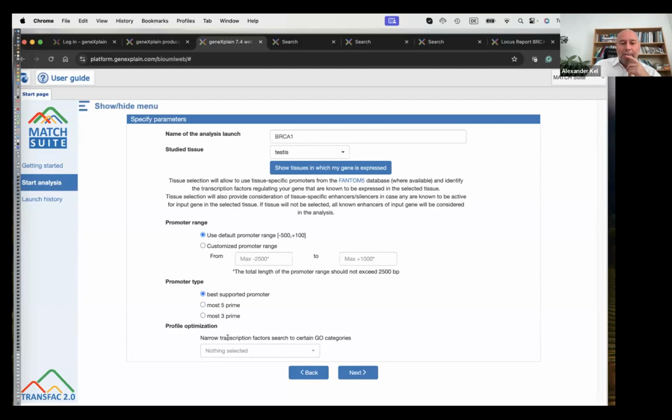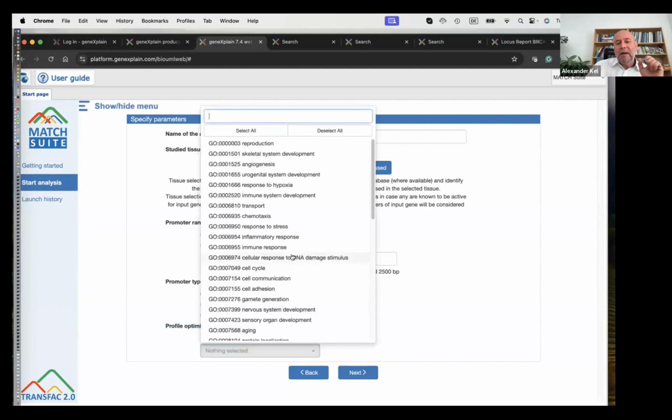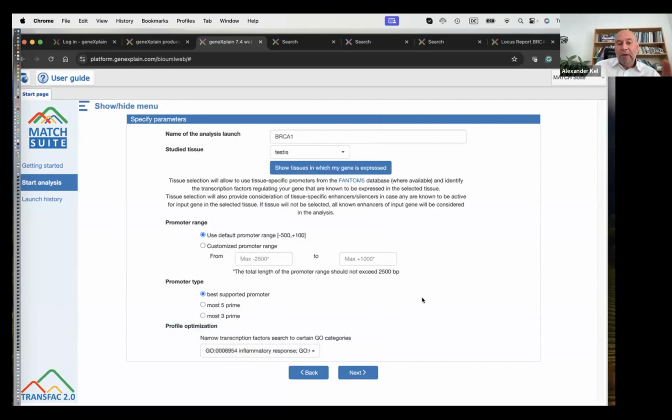And there is another point, which is called profile optimization. And what is a profile? There's actually one question. We'll talk about that maybe in more detail, but what we mean is, for instance, I select immune response or inflammatory response together. And what happens then?